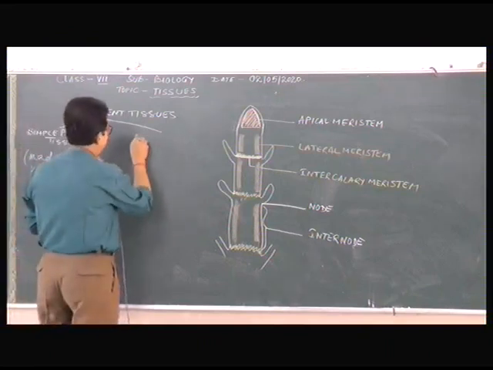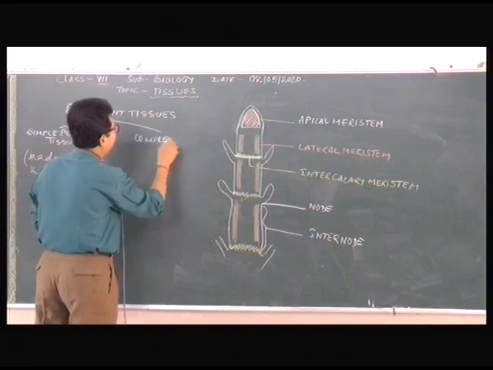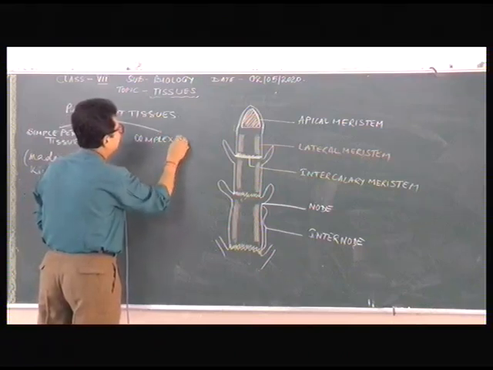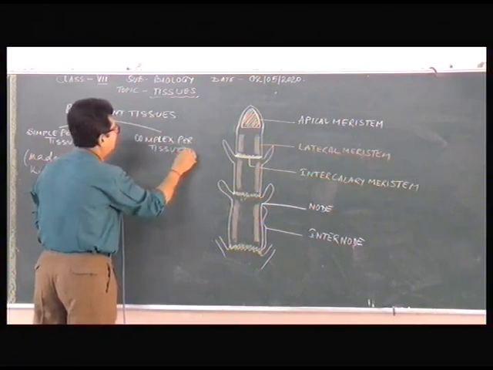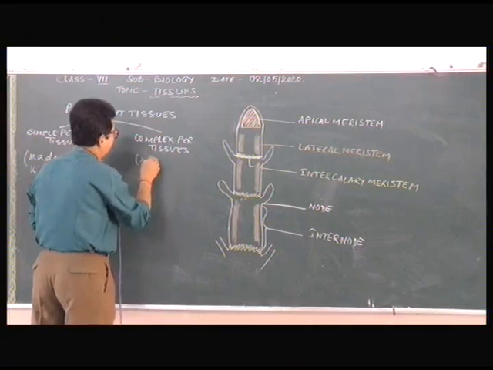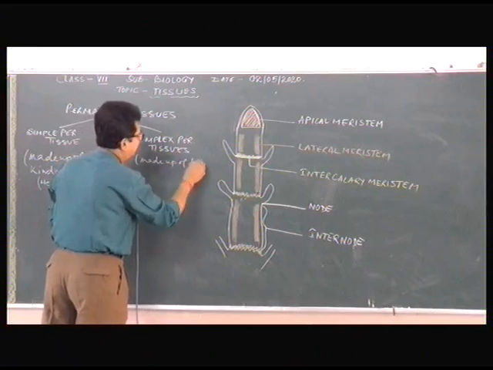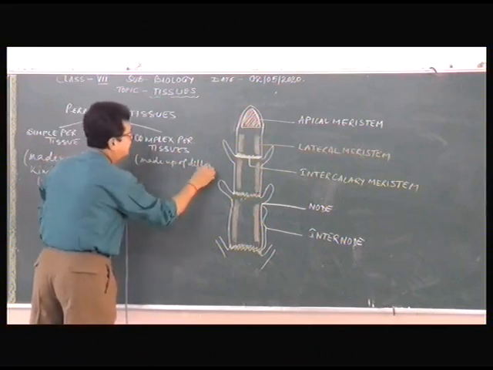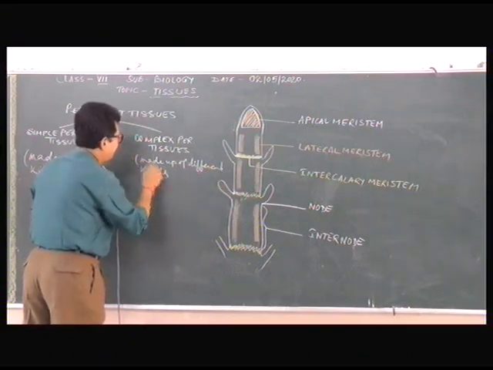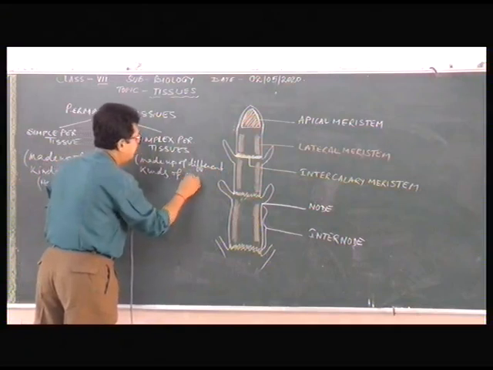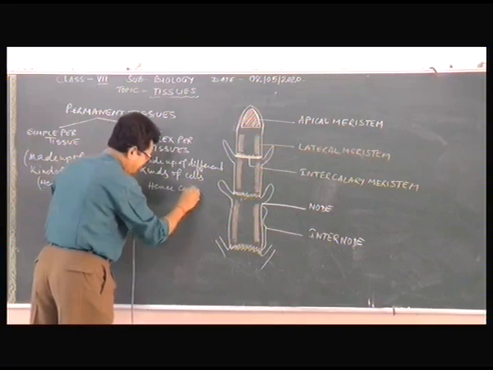And complex permanent tissue is made up of different kinds of cells, hence complex.